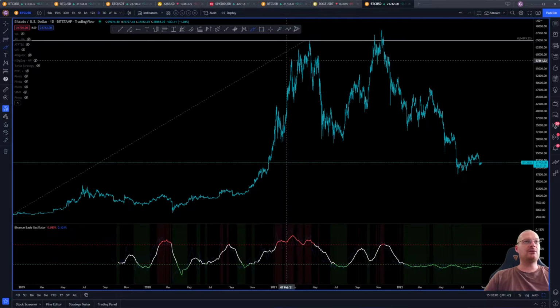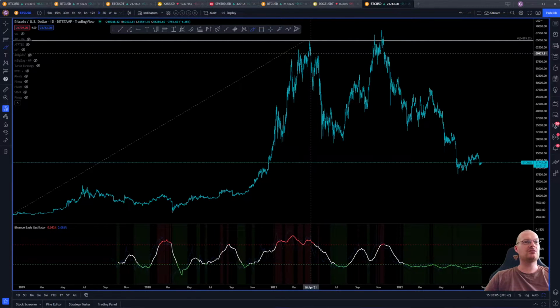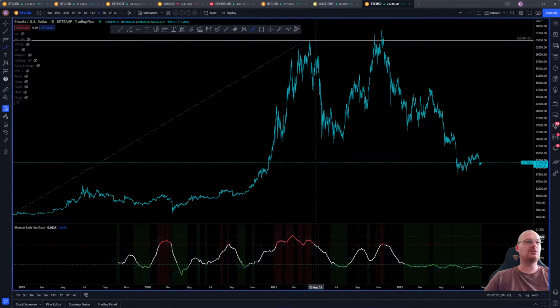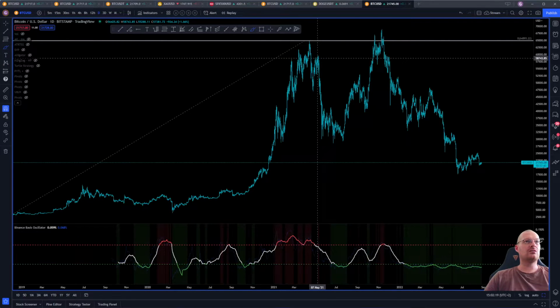We come further up, we're still in the red, so on those new highs, you can start taking profit. And then I would say once you come out of the red zone is like the last moment where you close out your long position. So here that would be around these tops.